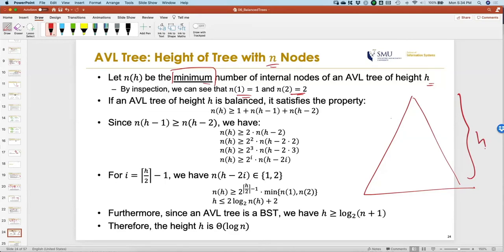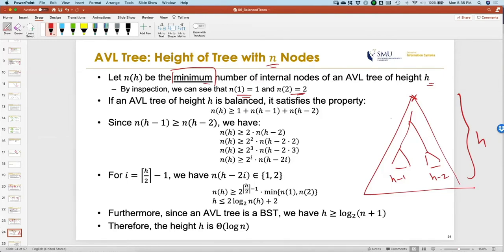This subtree is going to have a root node, and then it's going to have two subtrees, a left child and a right child. And I know because it's a balanced tree, at minimum, the height of one of them is going to be h minus 1, and the height of the other one is going to be h minus 2.